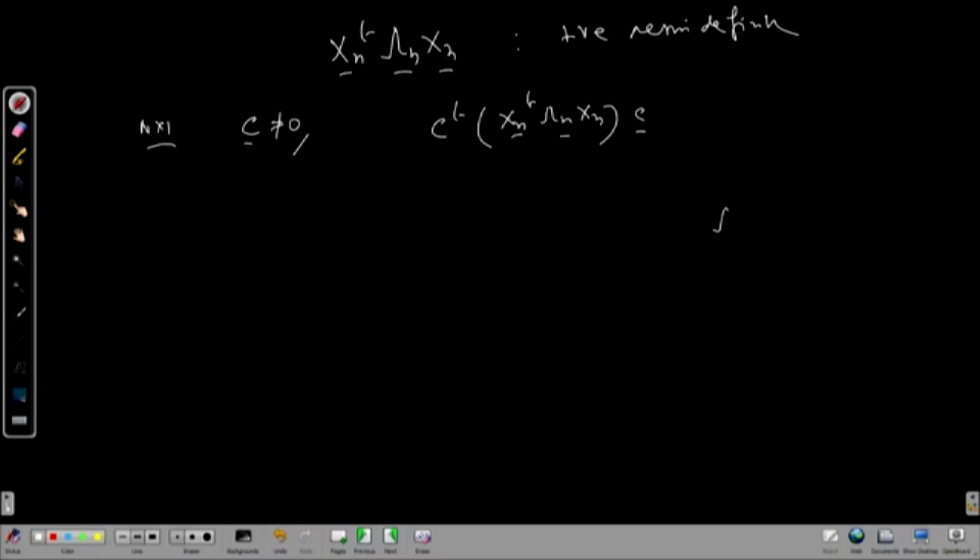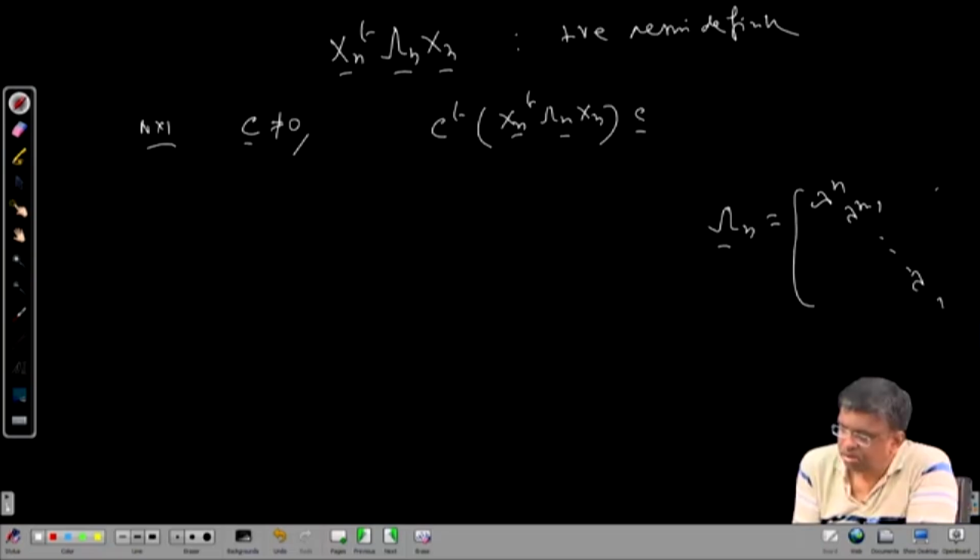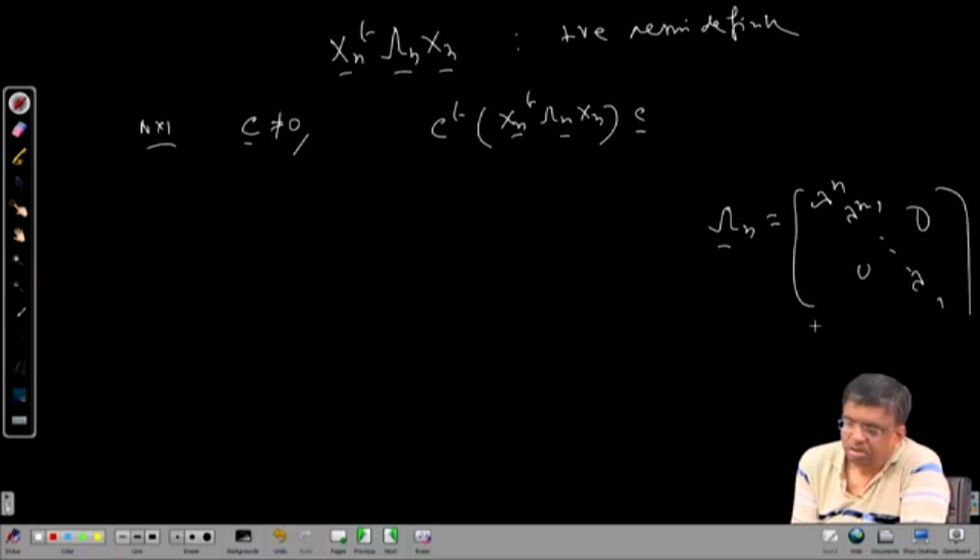Now this lambda n, which is lambda to the power n, lambda to the power n minus 1, down to lambda 1 and 0, you can take the positive square root of lambda.